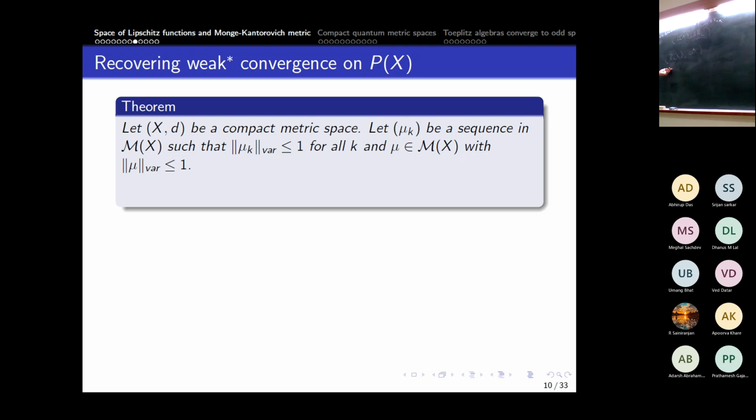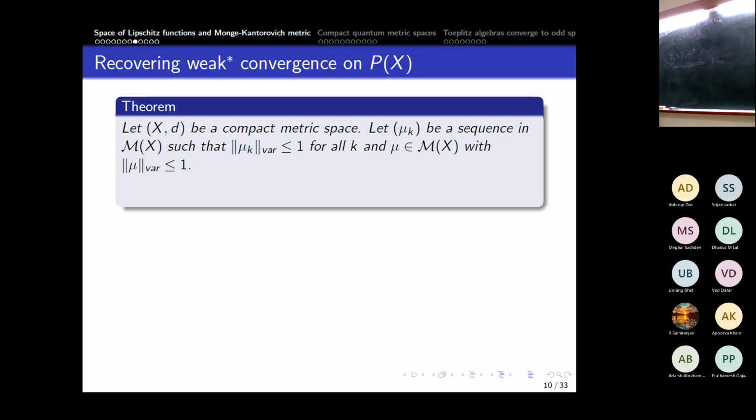It's a much smaller space. What we are going to prove is that it's actually metrizable, with respect to the Monge-Kantorovich norm. Not just metrizable, in fact the metric comes from a norm also.